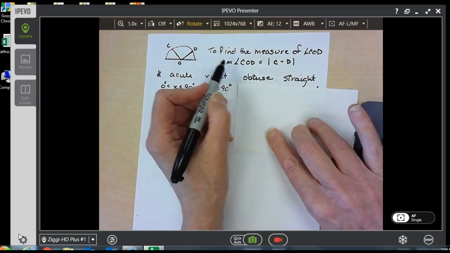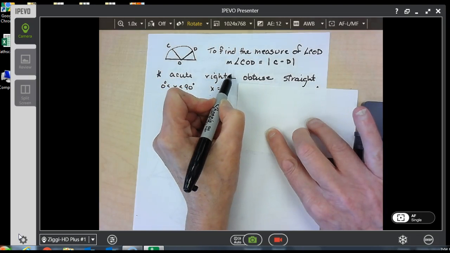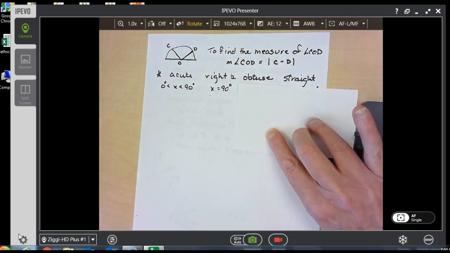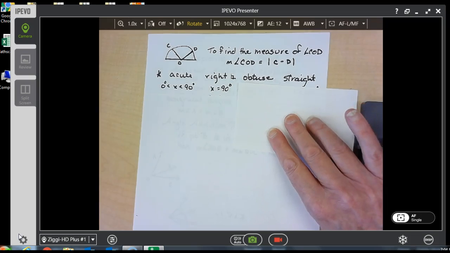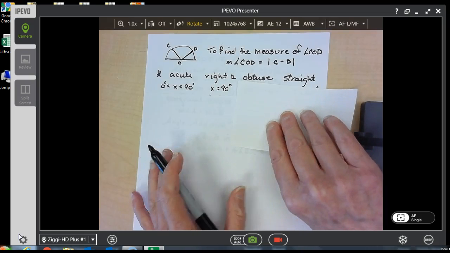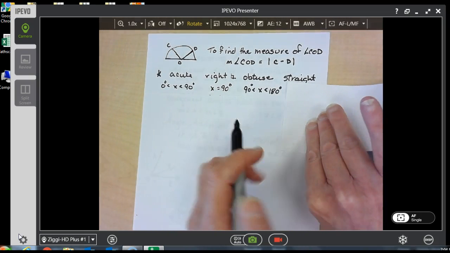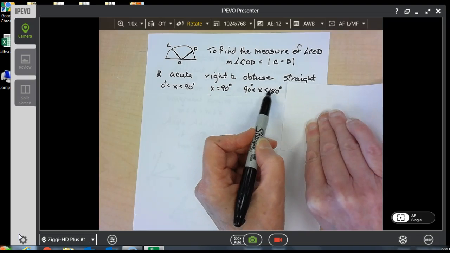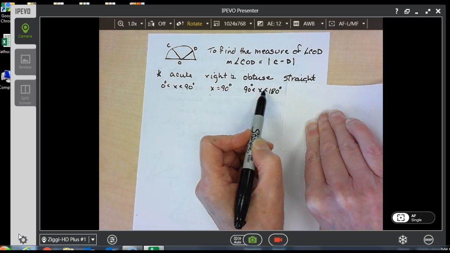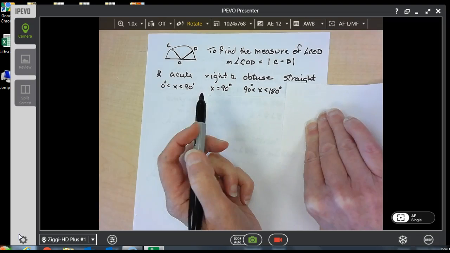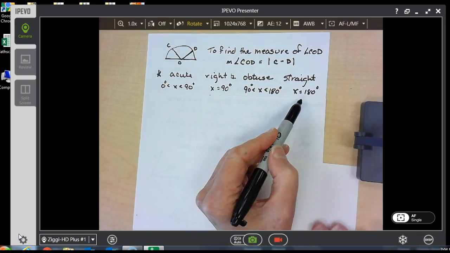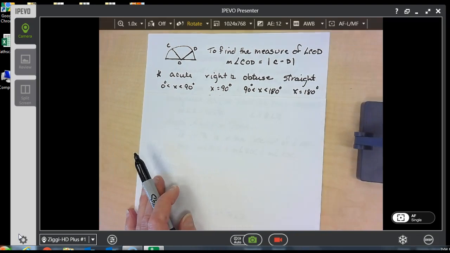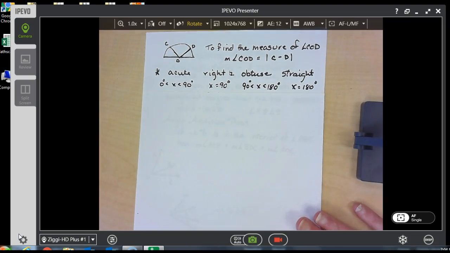We mark a right angle with a right angle symbol. So if I were talking about a right angle in a postulate, I would use that symbol instead of writing out the word right. Obtuse means that you're greater than 90, so the value of your angle has to be between 90 and 180. And to be a straight angle, it equals 180. And that would just be a straight line.